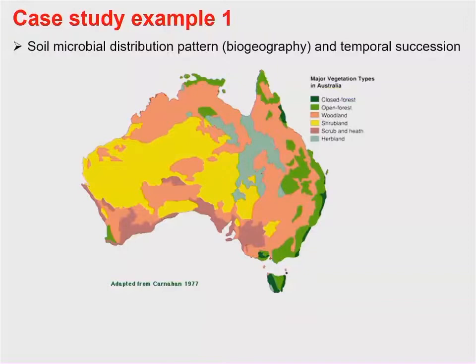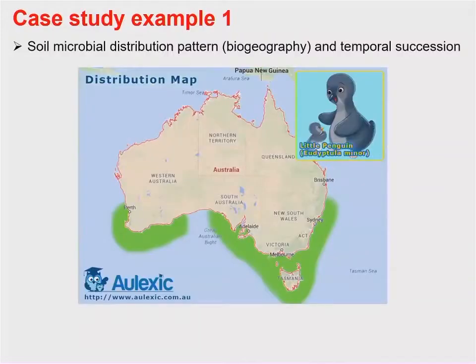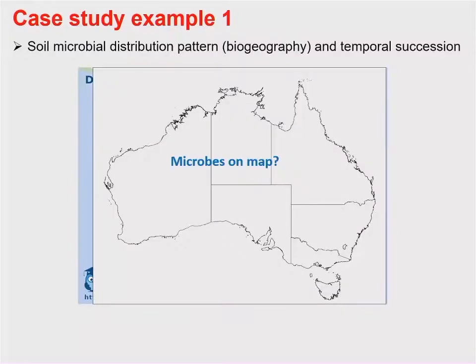So as you know, for example, this is the vegetation table. The plants have some distribution pattern or geographic distribution patterns, and also like these small penguins, they have some specific distribution area. So can we now have some indicator of microbes on a map?